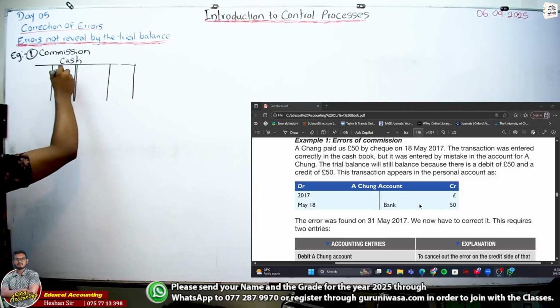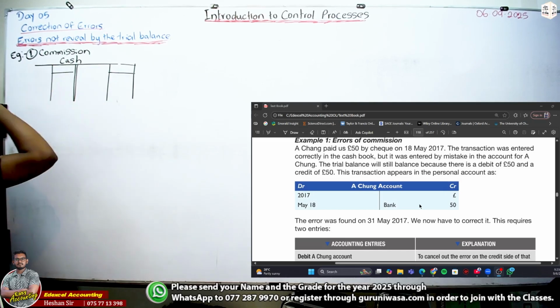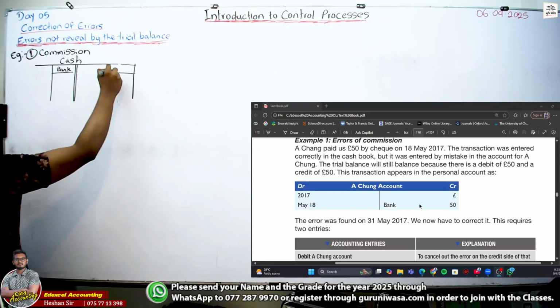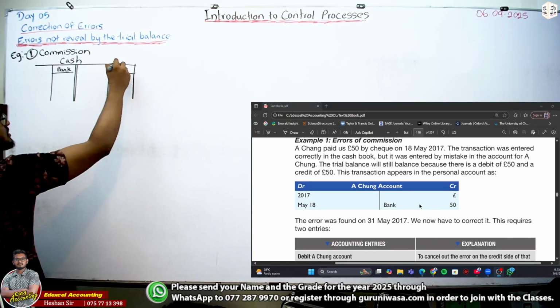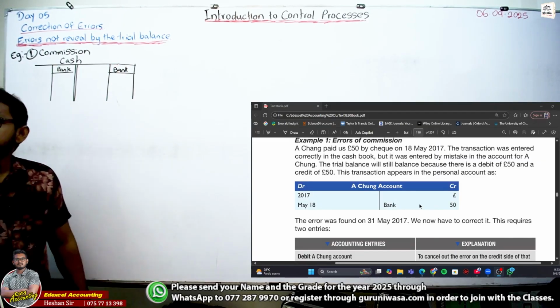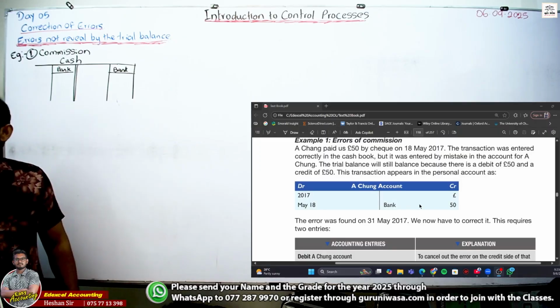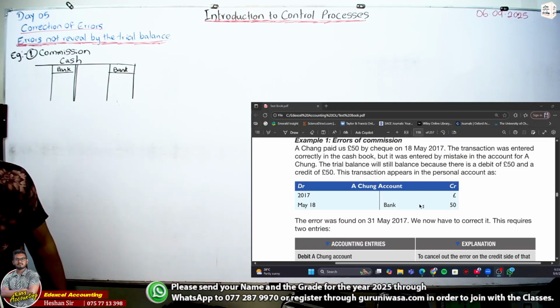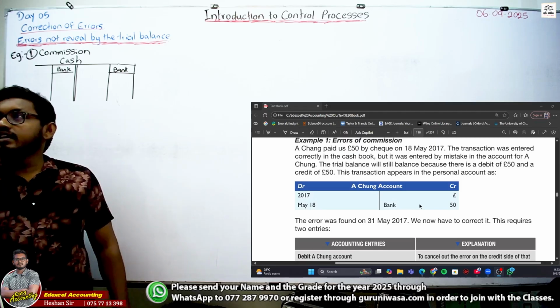On the credit side, discount received, cash and bank. So this is the bank column. Just see what has happened in here. Chang paid us by check. The transaction was entered correctly in the cash book, but mistakenly for the wrong party.